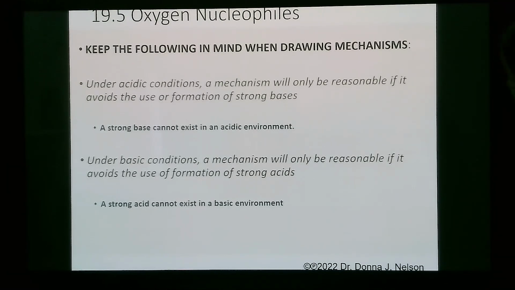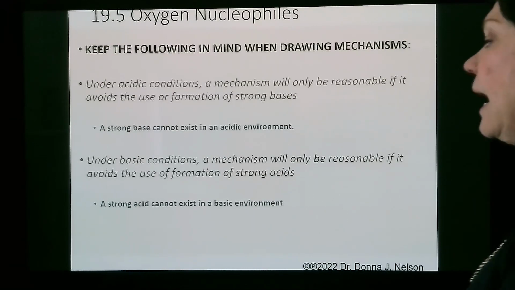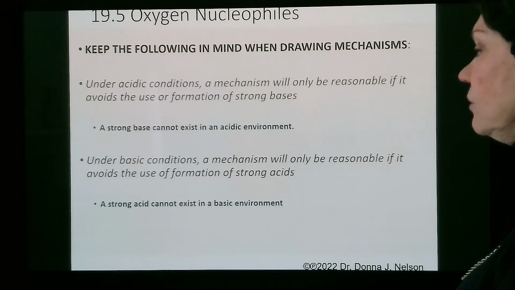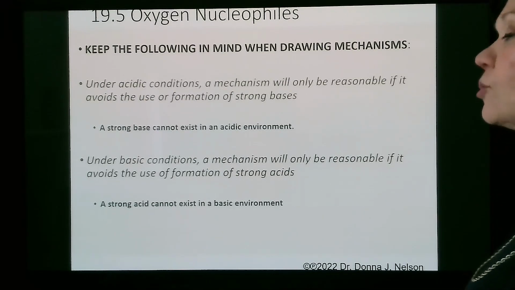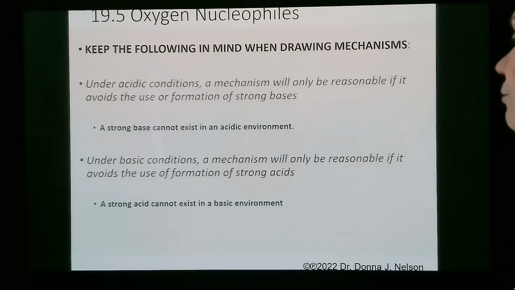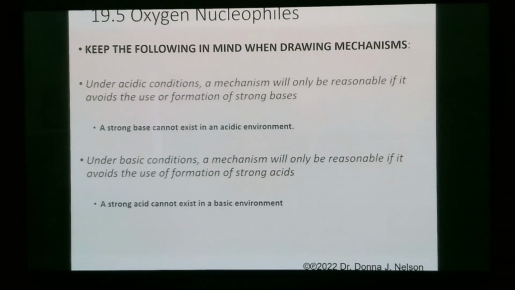You will not have anions present under acidic conditions, and you won't have a strong base generated. If it's part of a leaving group, it will be protonated before it comes off. And correspondingly, under basic conditions, you won't have a strong acid formed because it will be deprotonated. So you have to keep things like that in mind.